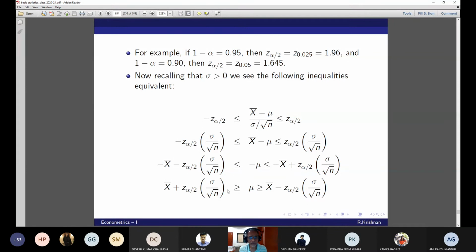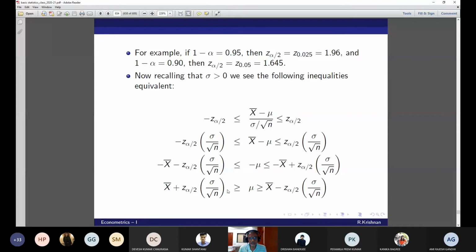If 1 minus alpha is 0.90, that is, we are taking the 10% level, the tail will be alpha by 2, 0.05 on the right side and 0.05 on the left side. Now you see the critical value, 1.645. These are some numbers that you should mug up. The two-tail 5% critical value is 1.96 on both sides.